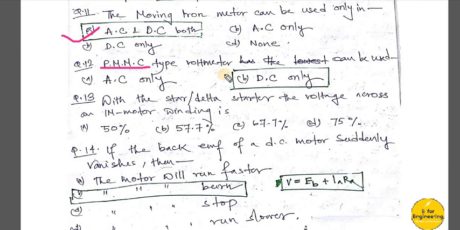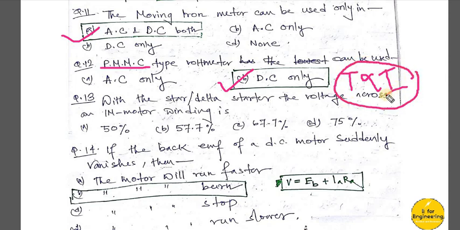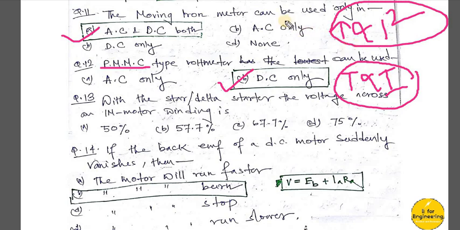PMMC type meter is used for DC only, because here the deflecting torque is proportional to current I. So PMMC type voltmeter can be used for DC only, and for the moving iron MI meter, the deflecting torque is proportional to I square. For that it has a non-uniform scale, and PMMC type voltmeter has a uniform scale.